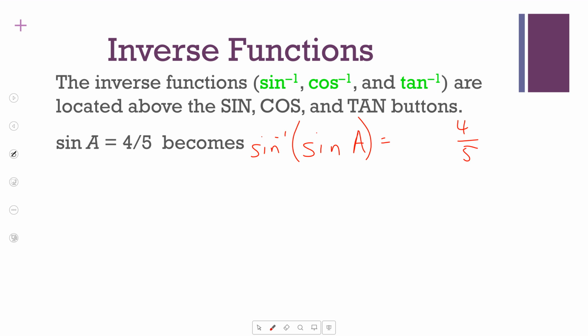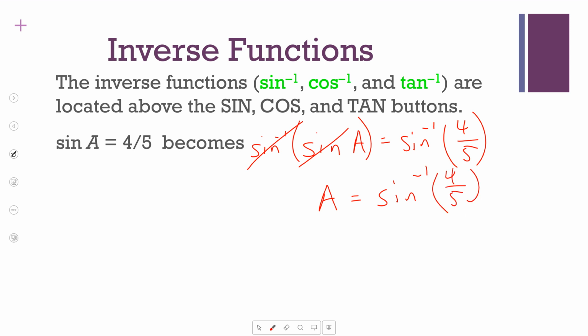So I have to do an inverse sine of this, which now you see why I left space there. When I take the inverse of the sine, they cancel each other and leaves me with A on this side. This you do on your calculator.